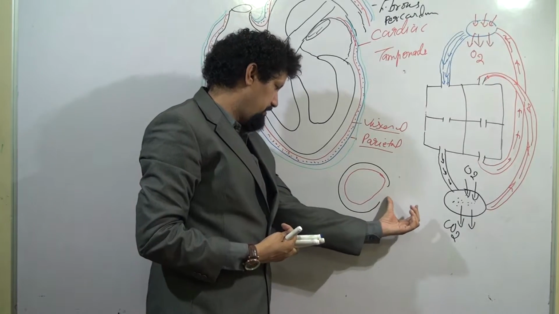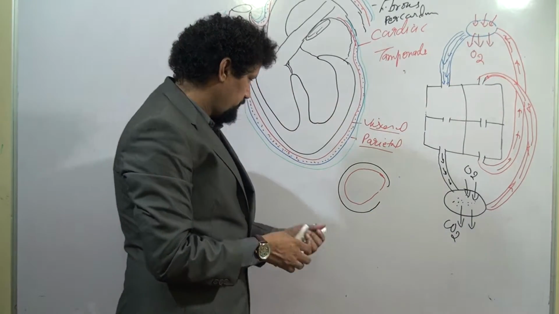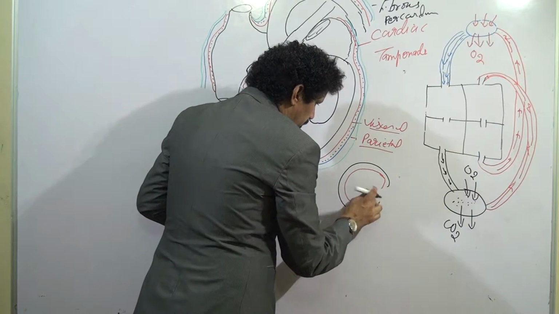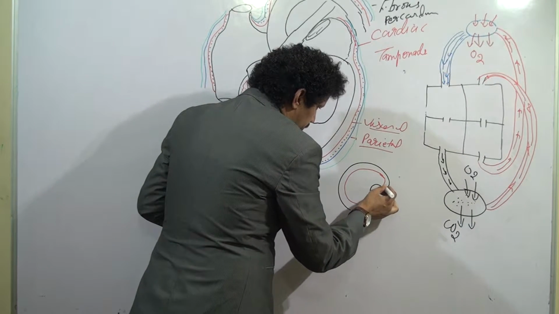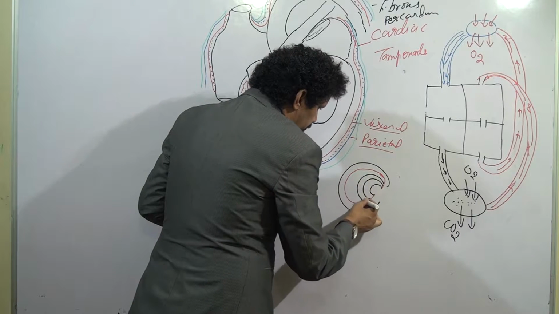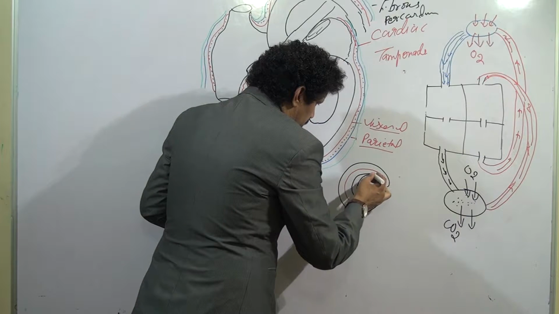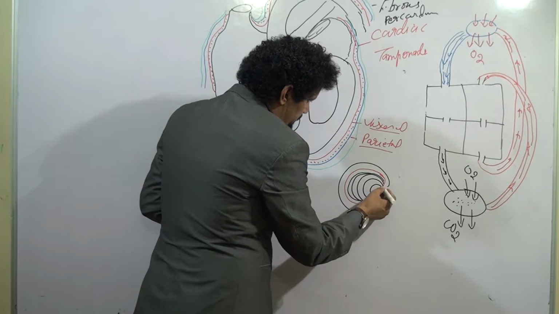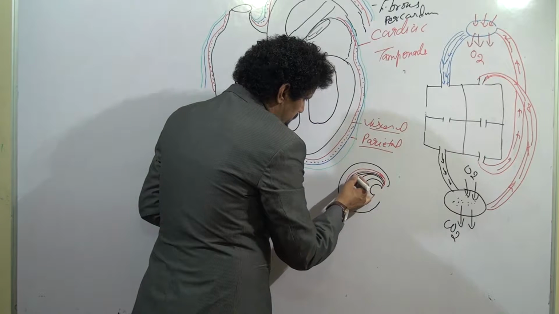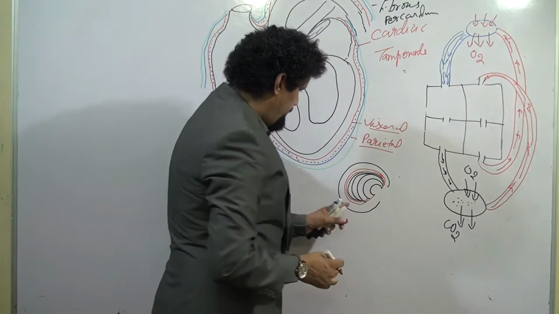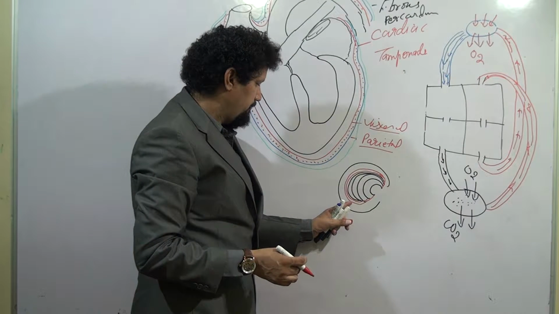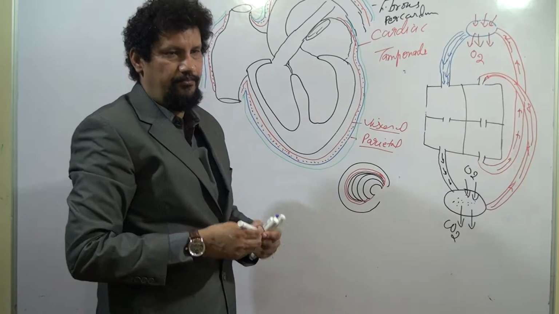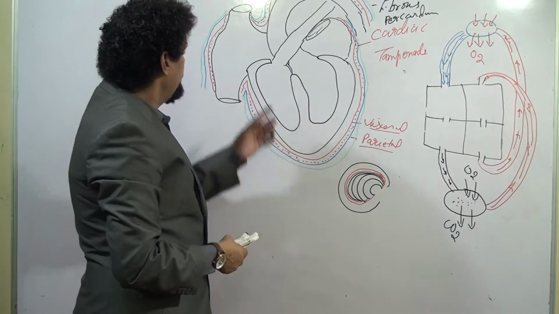The developing heart indents this serous sac, and stepwise it will enlarge and occupy the pericardial cavity, and this layer which is here will be like this, and this will form the parietal layer, and this will form the visceral layer of the serous pericardium, and this is the fibrous pericardium. So the heart is covered by 3 layers.